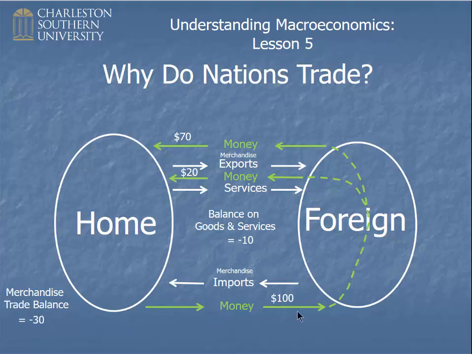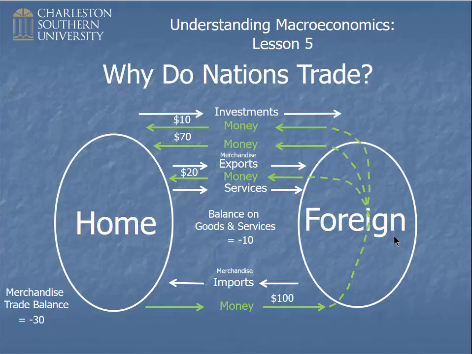Okay, so the way we have this is it's unsustainable. 100 goes out, but only 90 comes back. Again, what happened to the other 10? Well, it must have come back some other way. And what happens is the 10 comes back in exchange for investments.